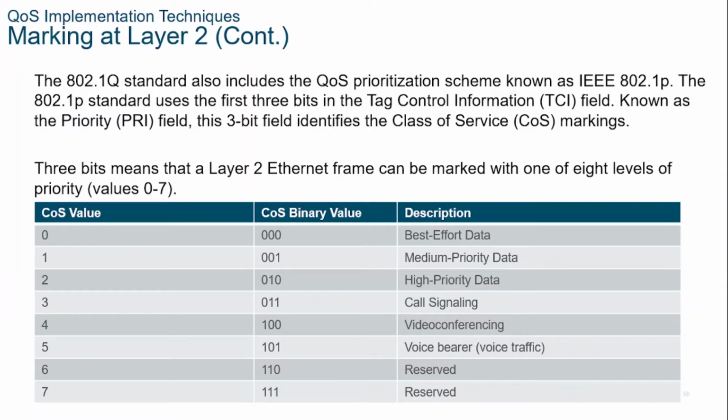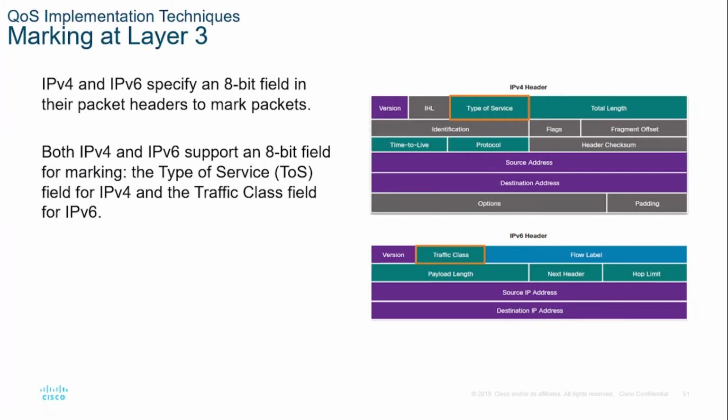And then the marking at layer 3. Marking at layer 3, IPv4 and IPv6 specify an 8-bit field in their packets and packet headers to mark packets. As you can see in the figure, both IPv4 and IPv6 support an 8-bit field for marking.